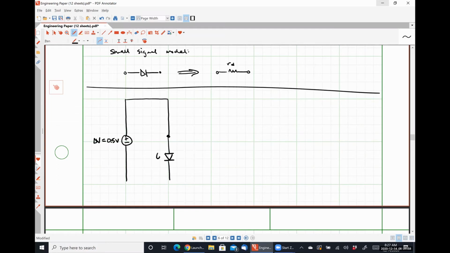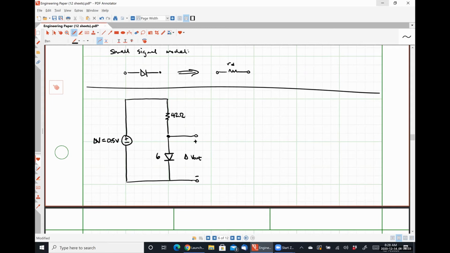I'm going to be lazy and just write a 6 next to one diode, which is going to be my shorthand for 6 diodes in series because I don't want to draw anymore. This is going to be our change in delta V. Oh, I forgot my resistor. 2 ohms, like so.